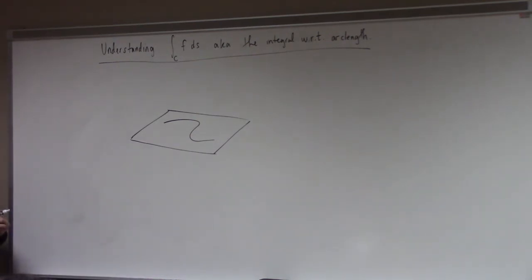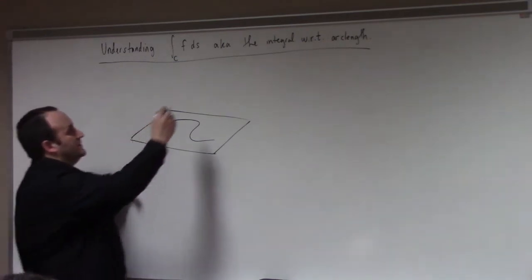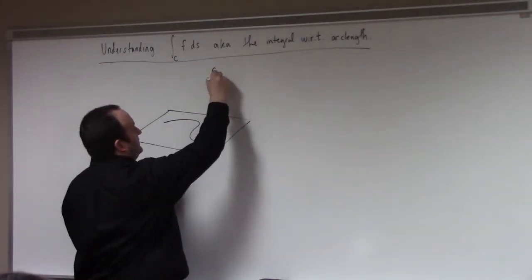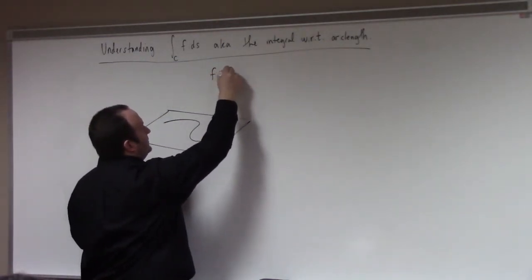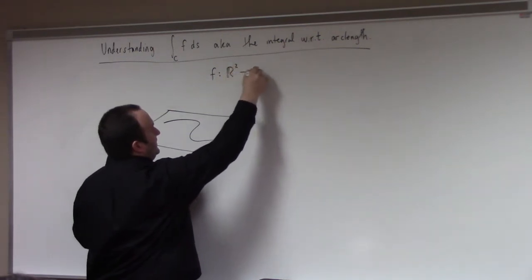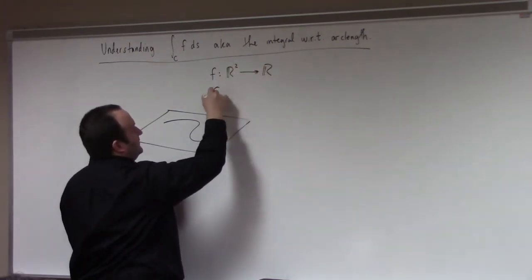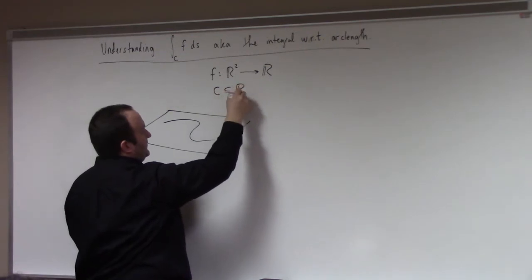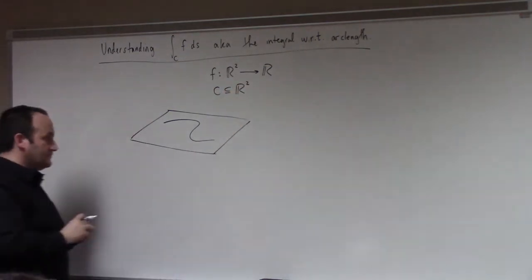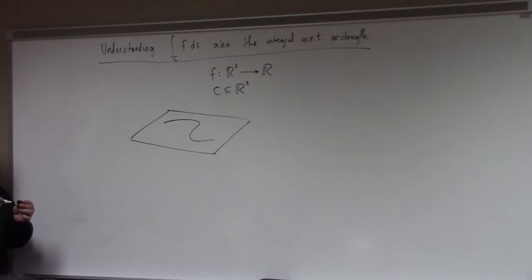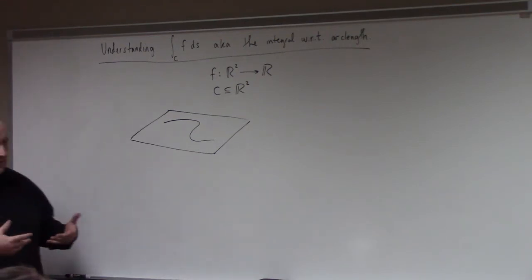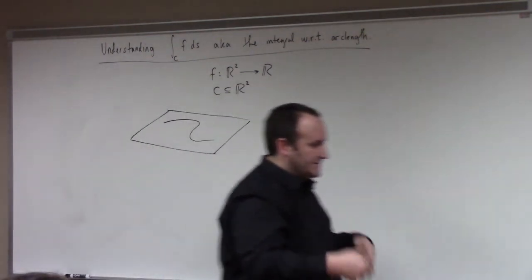Then I could graph the function f, a function from R2 to the reals. The curve is some subset of R2. And I could graph the values of the function over the curve, kind of like a curvy tent.